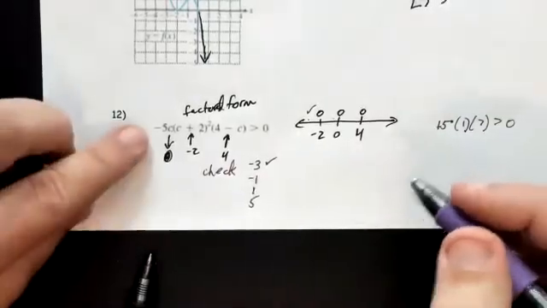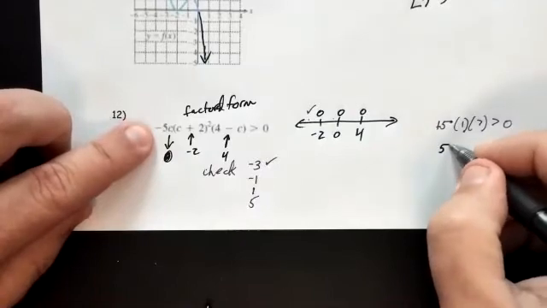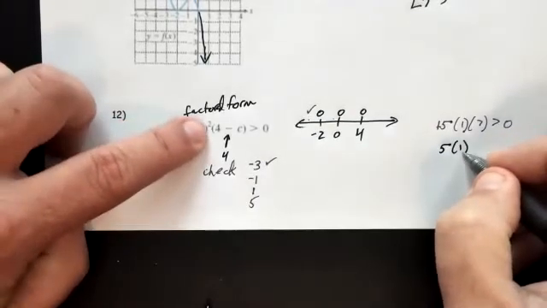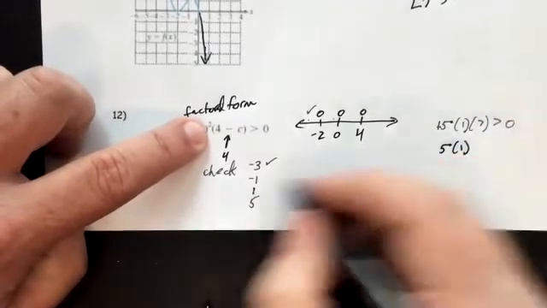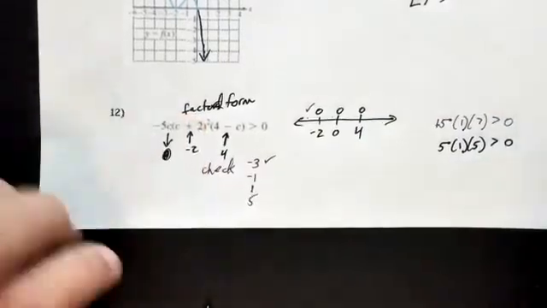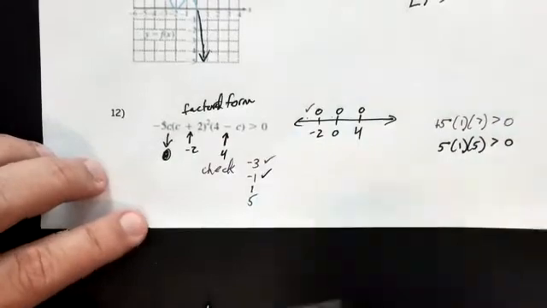Plug in -1. So -1 is going to give me 5 times 1. -1 would give me 5. Is that greater than 0? Yeah, that's greater than 0.